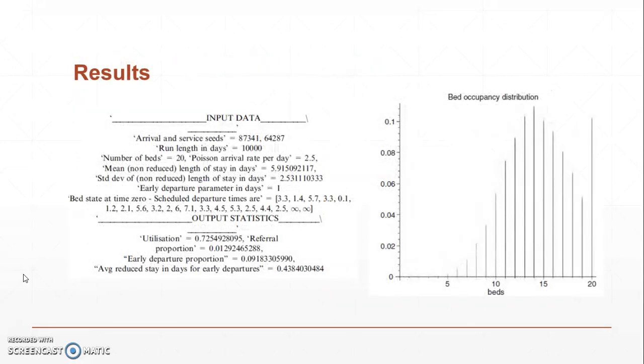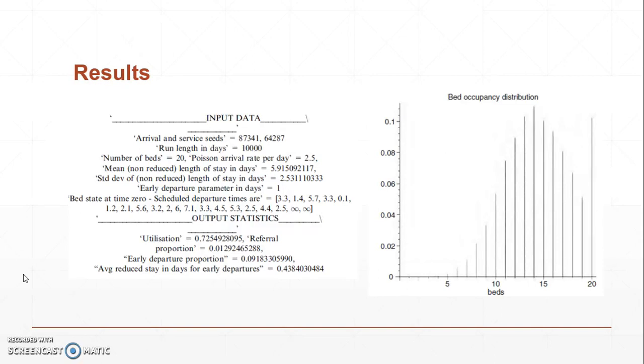So the book gave us an example of using 20 beds in a ward, with a lambda of 25 per day. Here is the input data that we use, and then it gives us the output statistics of the utilization and the proportion of the patients who get referred somewhere else or actually allowed in.